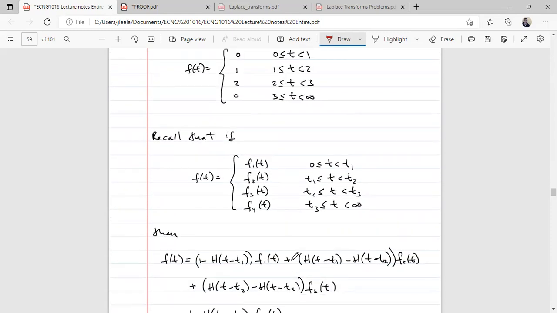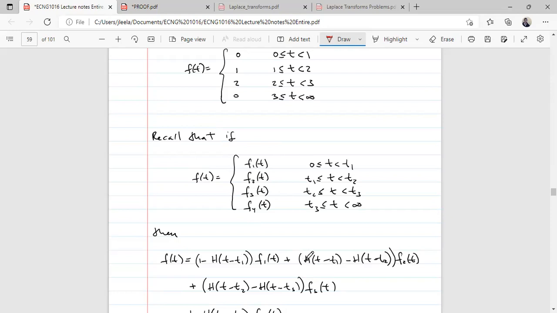So f of t is the Heaviside at t minus 0, which is 1, minus the Heaviside at t minus t1, by the function defined in that region.